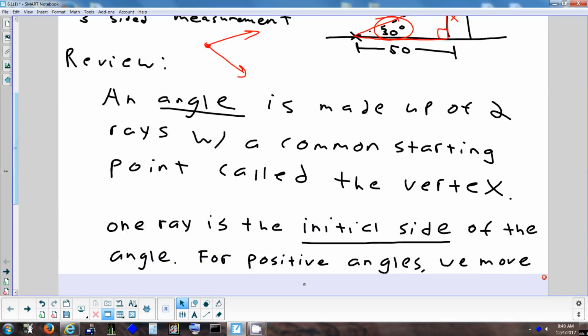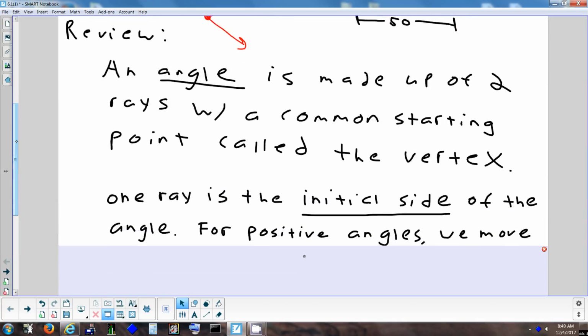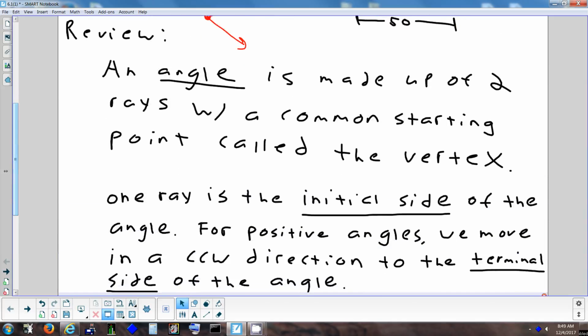In that angle, one ray is the initial side and the other ray is the terminal side. And the way you can figure out which side is which is you start at one side, you move inside the two rays, okay, not on the outside of them.